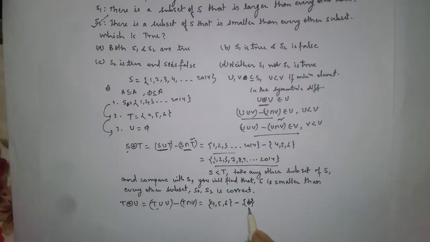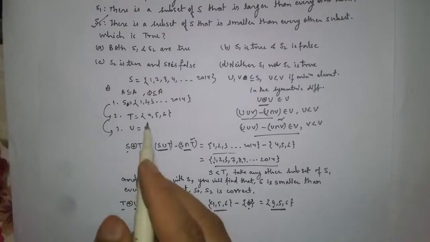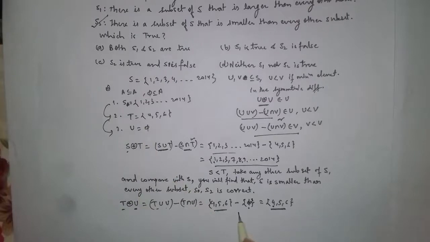When the empty set is subtracted from 4, 5, 6, the result will be the set 4, 5, 6 itself. In this symmetric difference the minimum element is 4, and 4 belongs to the set T, so T is less than U.